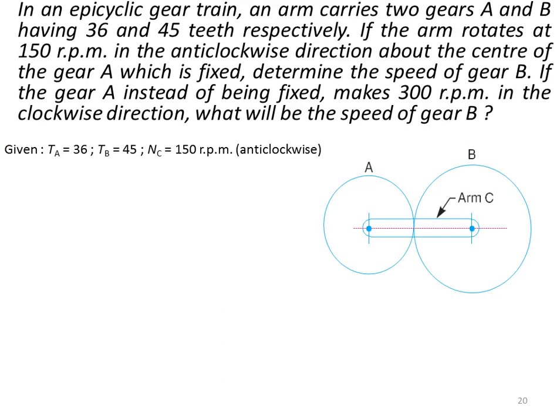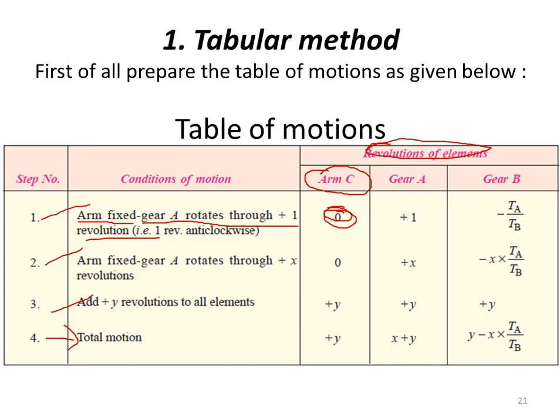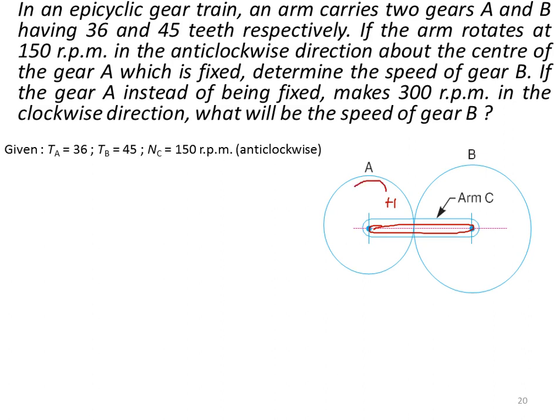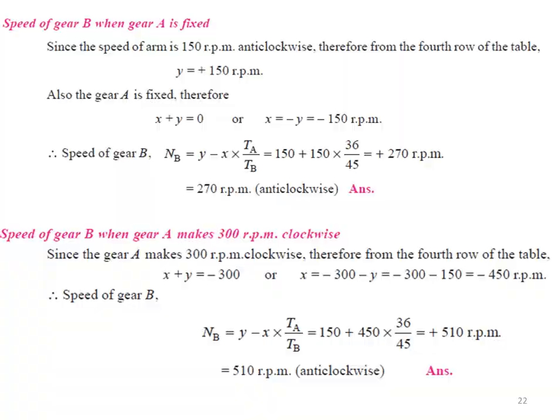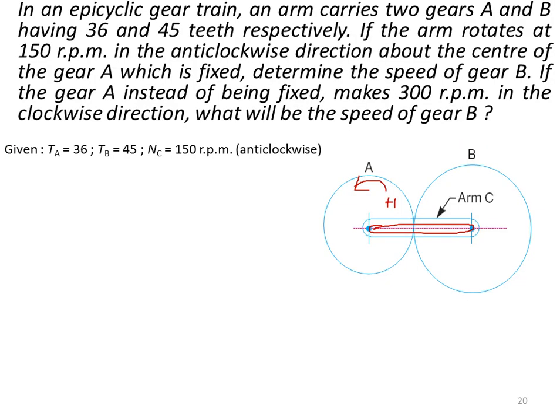So in this problem, the arm is made completely fixed, and then +1 revolution is given to gear A in the anti-clockwise direction, like this. If this is in anti-clockwise direction, automatically gear B will have the opposite direction.